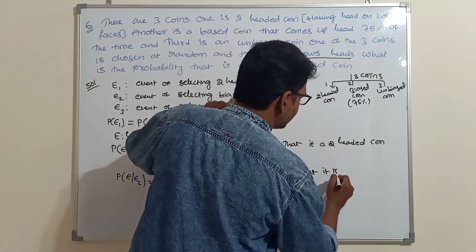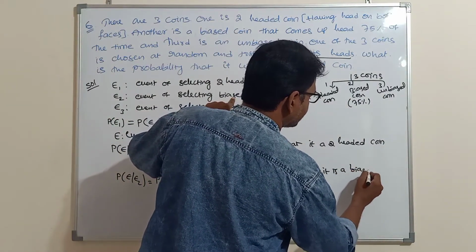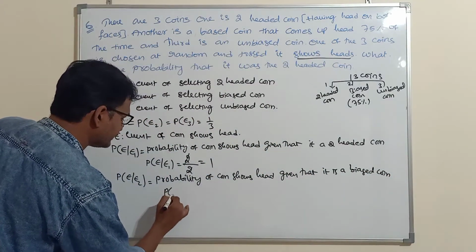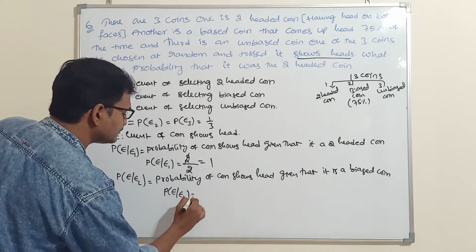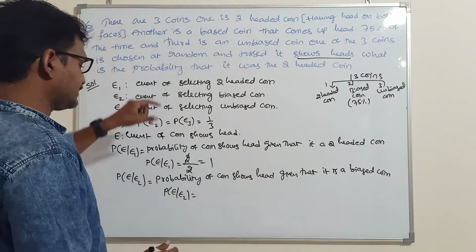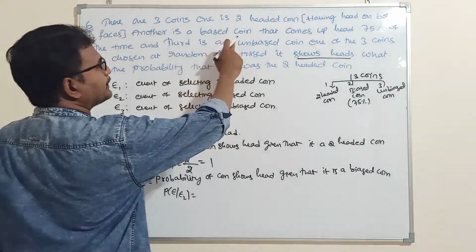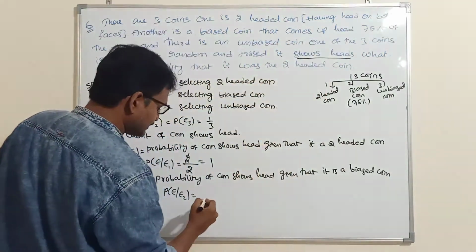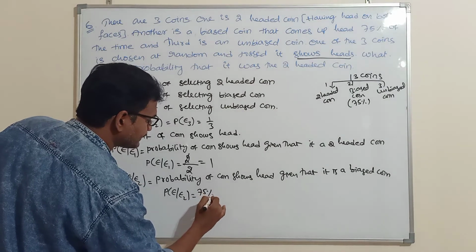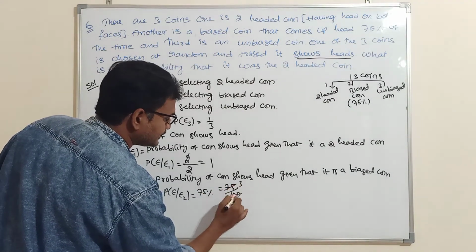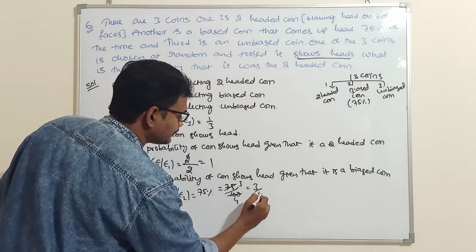How many chances are there? The probability of the coin showing head, given that it is a biased coin, is 75%. That means 75 by 100, which is 3 by 4.